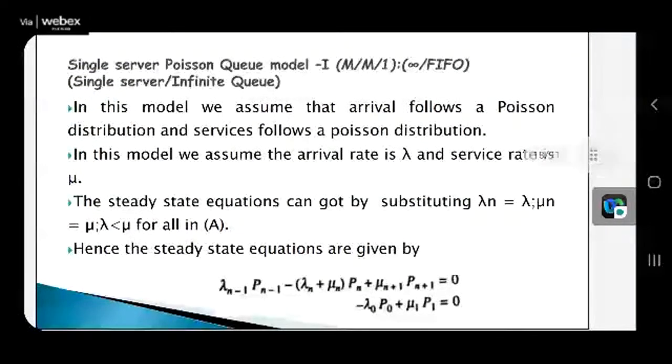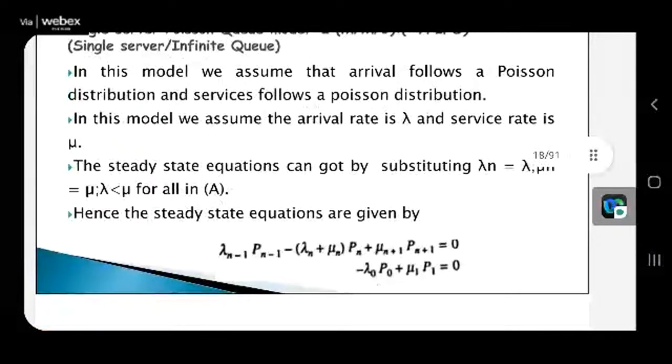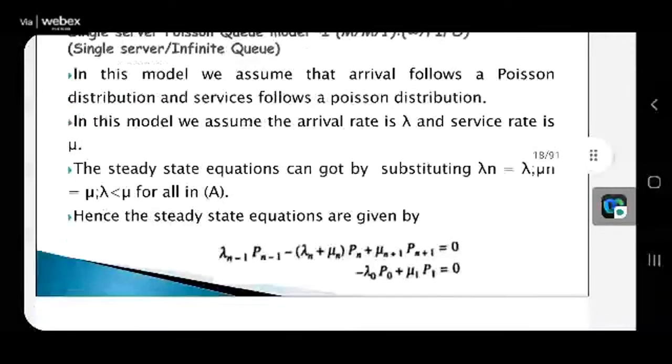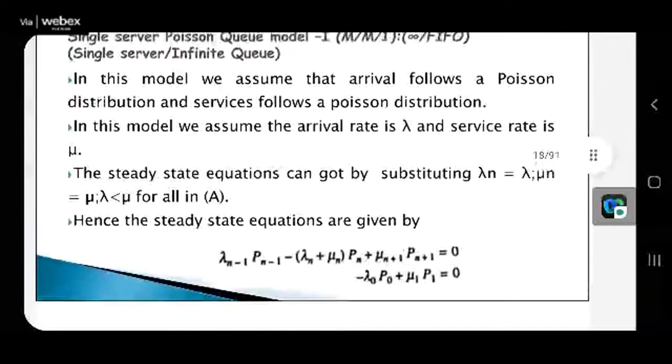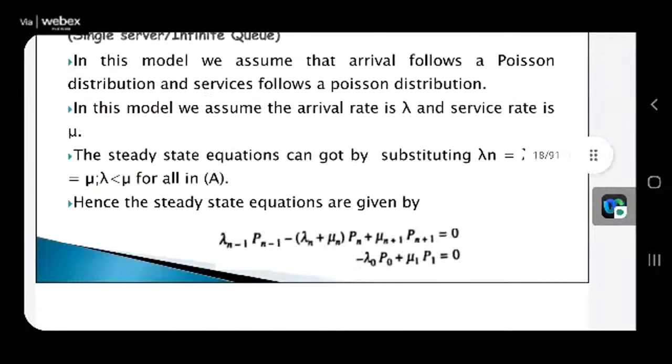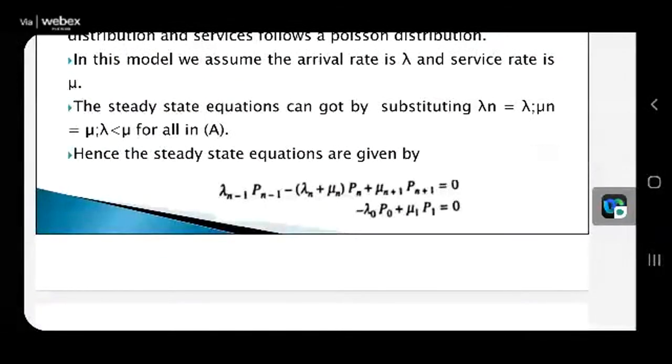Now, in that two things are there. First is infinite, or you can have K, that means you can limit the queue length. If the availability of space is limited, then you can limit the queue length also. So the first case is infinite FIFO. So you need difference equations. You have to generate the difference equations. If you generate the difference equations for this Poisson distribution of both arrival and service rate, you will obtain these two formulas.